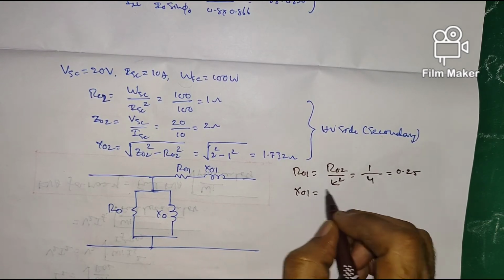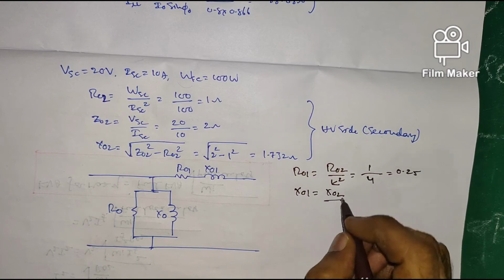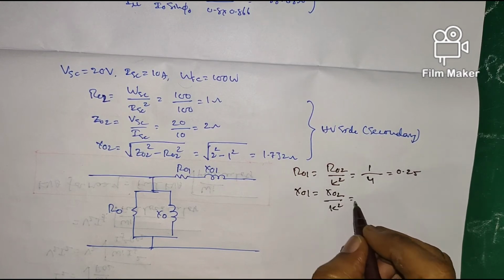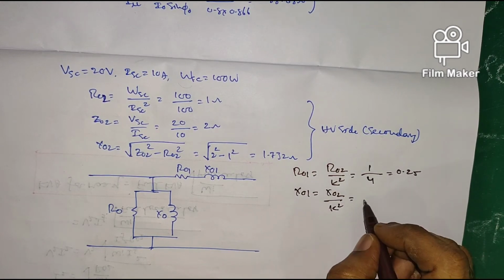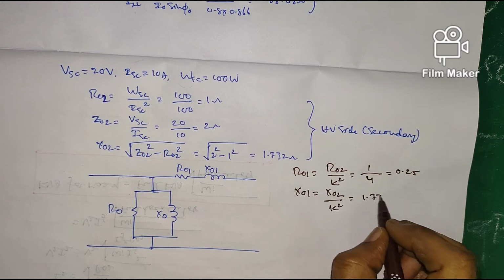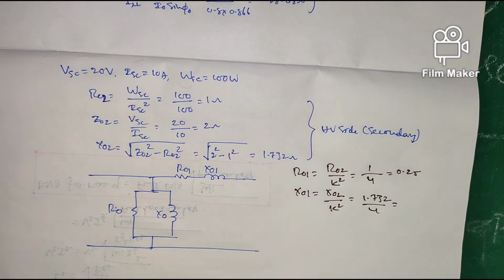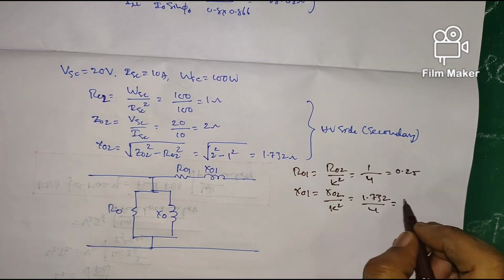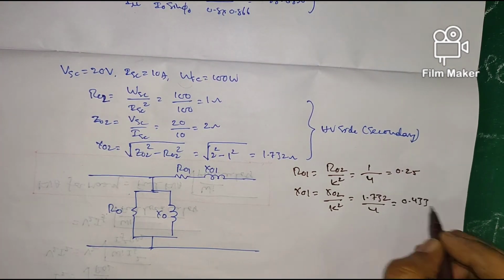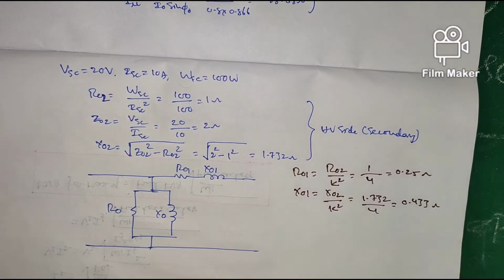Similarly, X01 is equal to X02 by K square. X02 we have got as root 3, that is 1.732, divided by 4, and this value will be equal to 0.433 ohms. Once we know these values, we can represent the equivalent circuit.